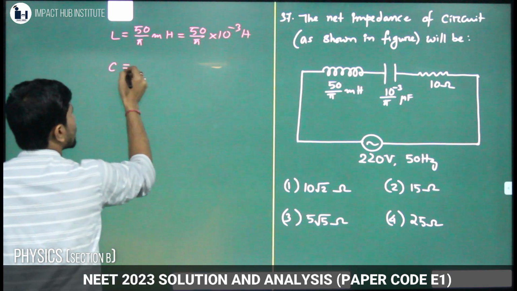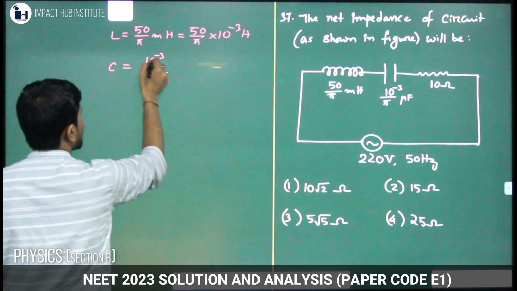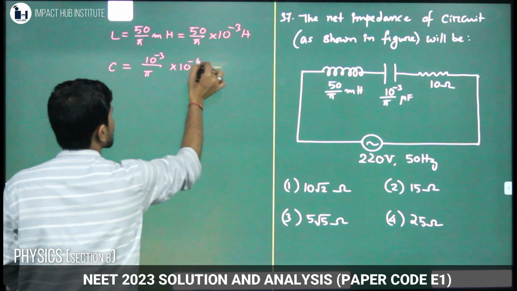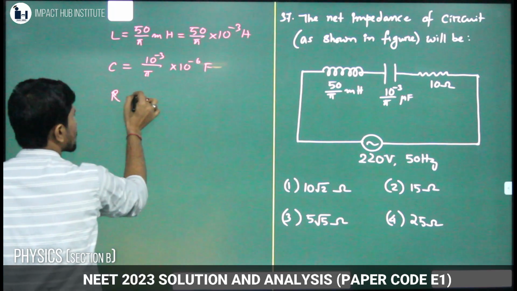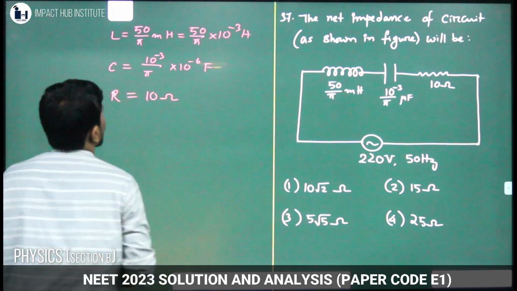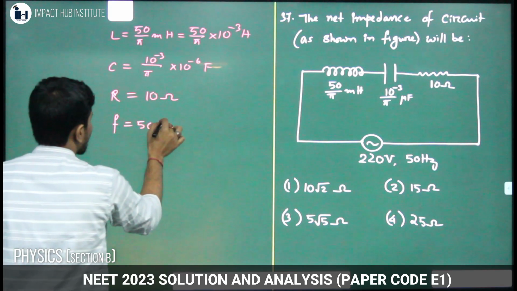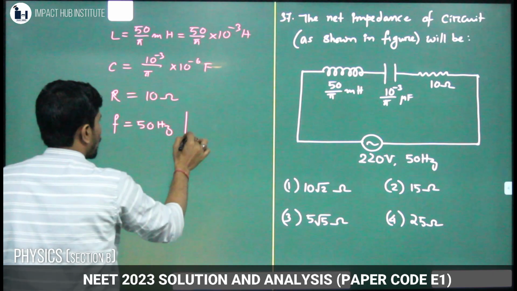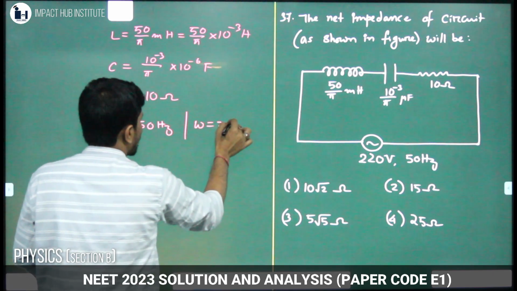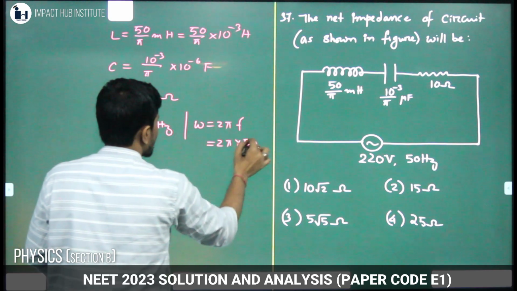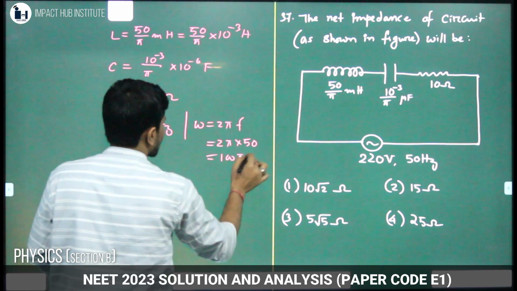Then the capacitance given in the circuit is 10 power 3 by pi into 10 power minus 6 farad, and the resistance is equal to 10 ohm. The frequency mentioned here is 50 hertz, which means the angular frequency would be equal to 2 pi f, 2 pi multiplied by 50, which is equal to 100 pi.